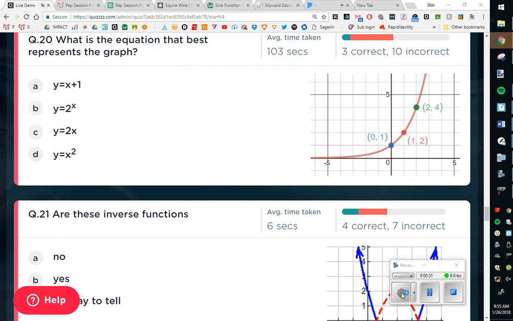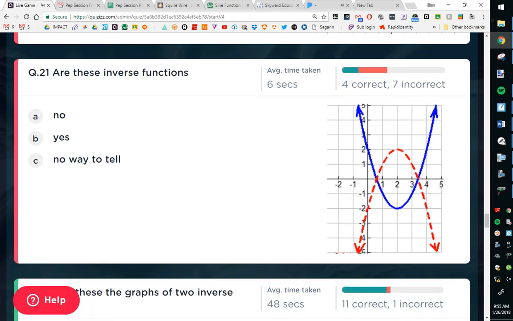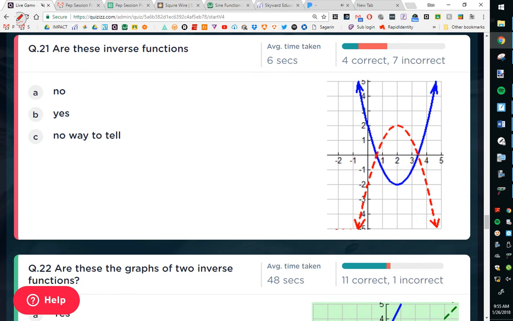So that leads us into the next question that we're bad at as well, which is also graphs. Are these inverses? Remember inverses, you take ordered pairs like 2, 3, and they become 3, 2. You just flop the two spots. So the easiest way for me to do this is look at this dot right here. That dot on that blue graph is at 2, negative 2. So if I were doing the inverse of 2, negative 2, Bradley, what would that be?